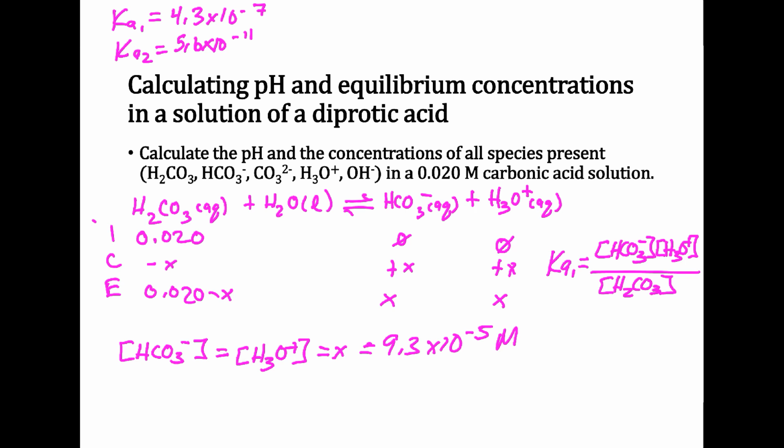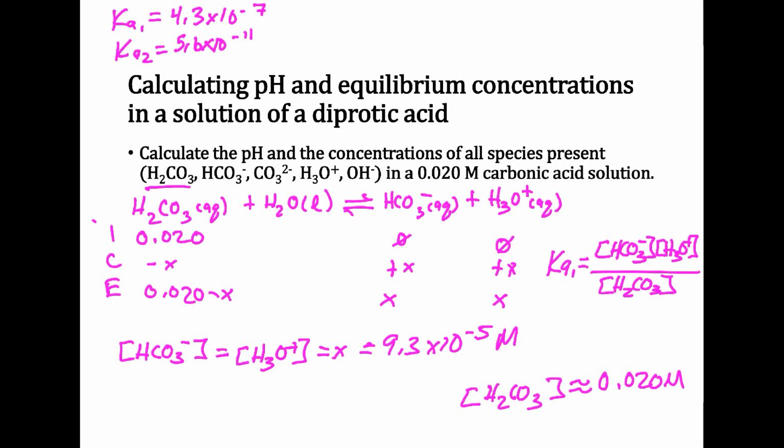If we're asked to find the equilibrium concentration of the carbonic acid, it's essentially the same as what we started with. Whenever you take 0.02 minus 9.3 times 10 to the negative fifth, you end up with the exact same answer.